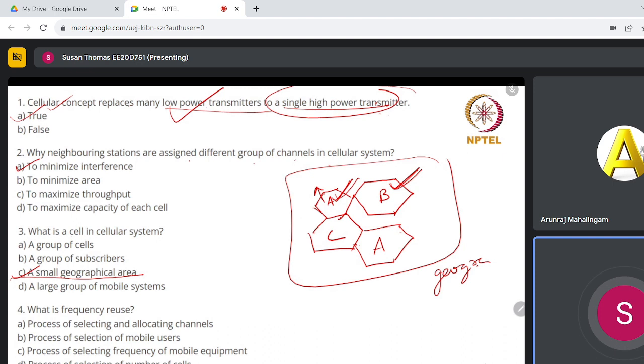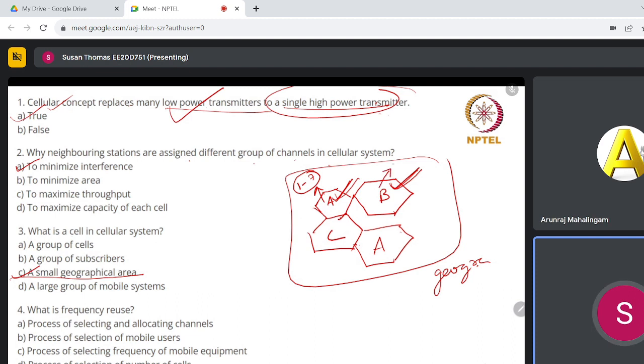This cell A has a group of channels. Imagine this has been given channel numbers 1 to 7.